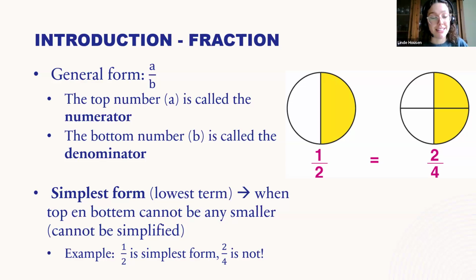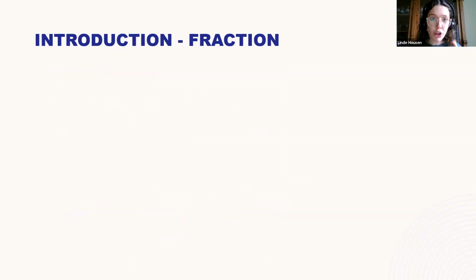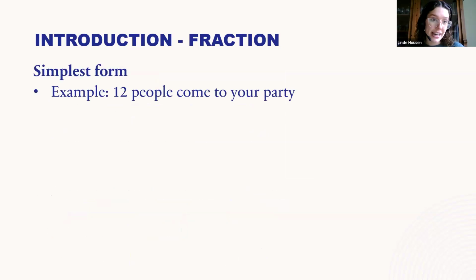But I have another example for you guys to make it even a little bit more clear. So let's say you throw a party and you invite 12 people over to join your party. And you also provide a cake, a pie for everyone to enjoy. So in how many pieces would you cut the cake if you know that there are 12 people coming?